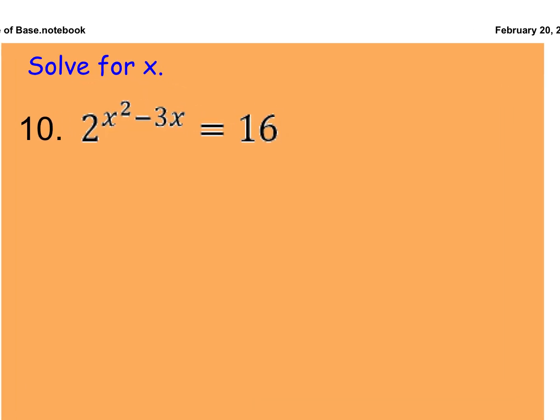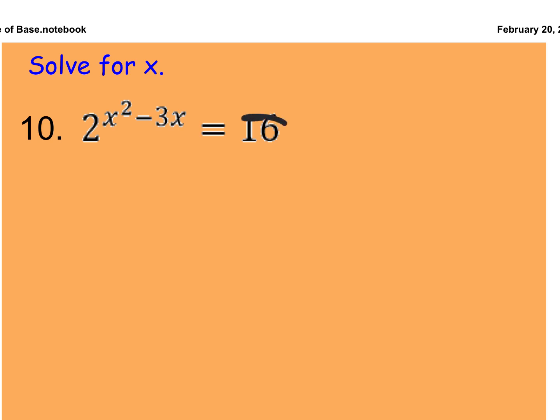So we're going to do number 10. It looks really complicated, but go back to what we're doing every single time. Make the bases the same. Tate, 16 can be made into what? 2 to the 4th.